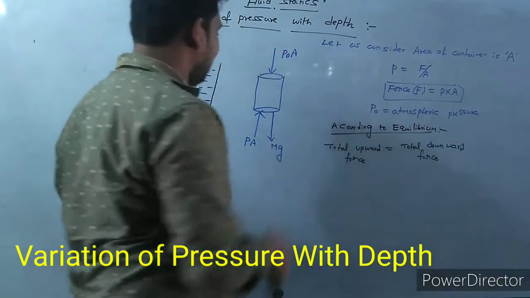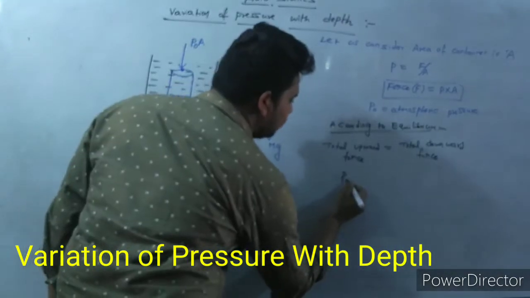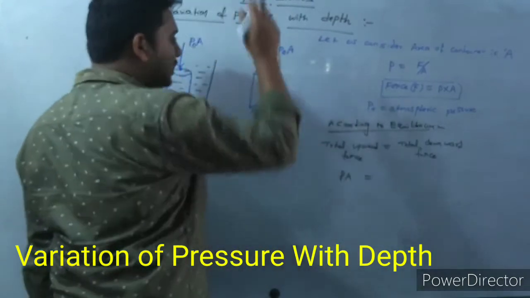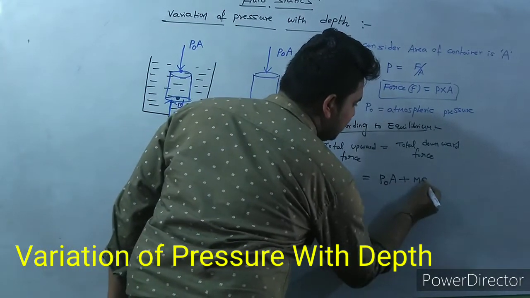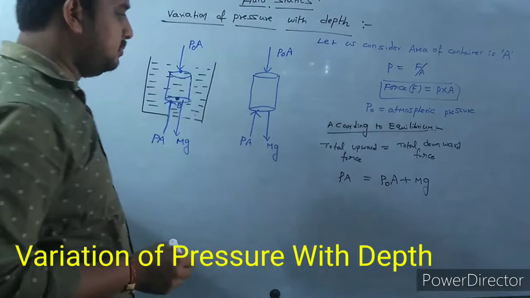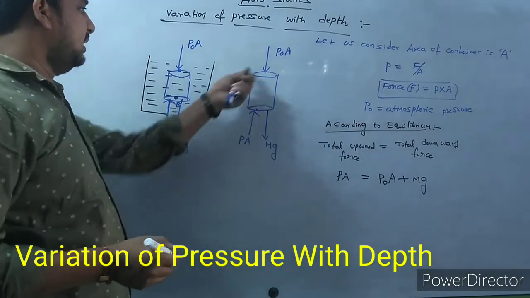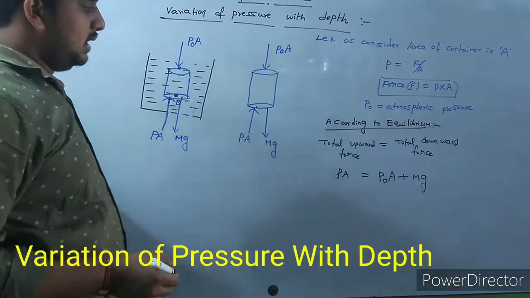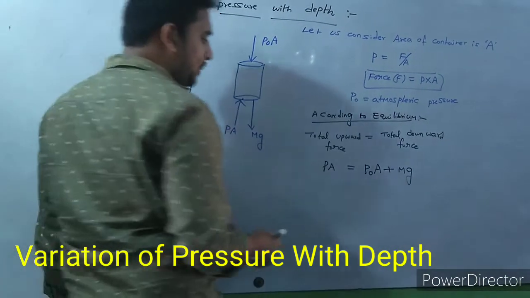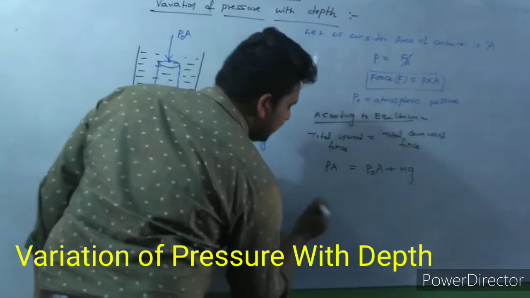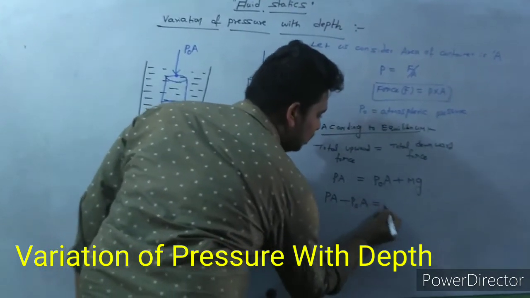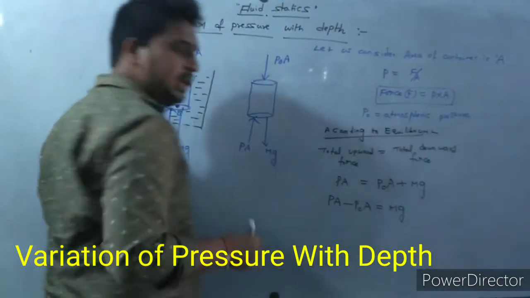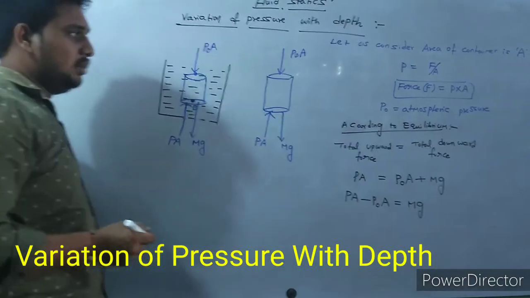Total upward force acting is PA. Only PA force is acting upward. Total downward force acting is P naught A plus mg, where m is the mass of this body. So now PA minus P naught A is equal to mg.